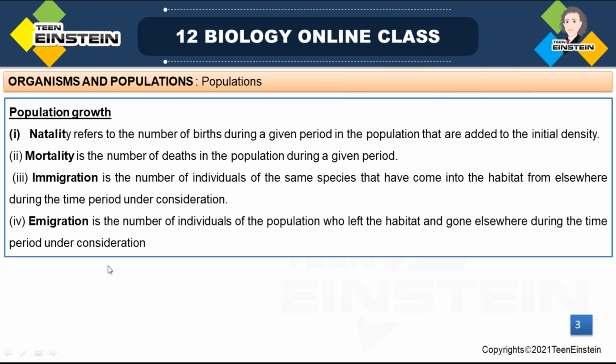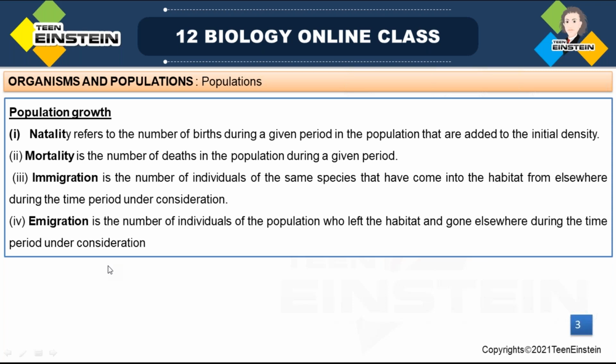These are the four basic processes: natality, mortality, immigration and emigration. This may create fluctuation in the population growth or density of a population. In this, natality means birth, the number of births.